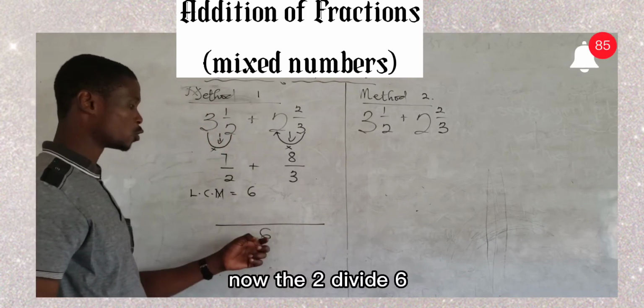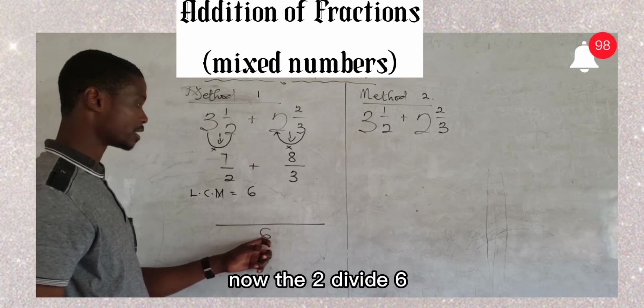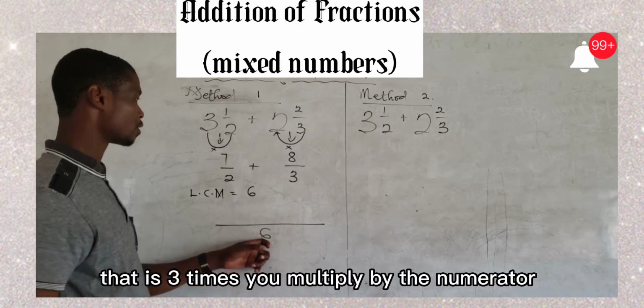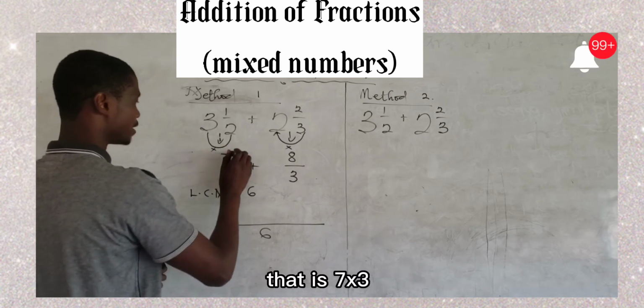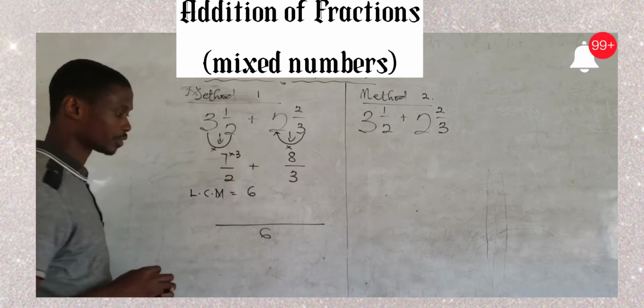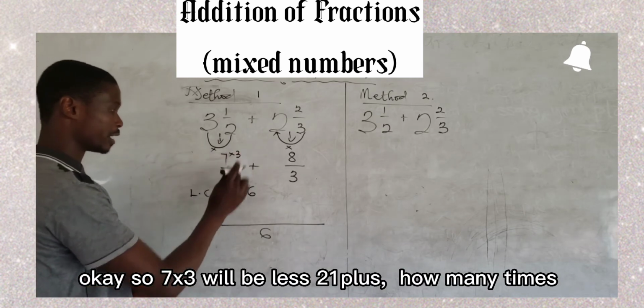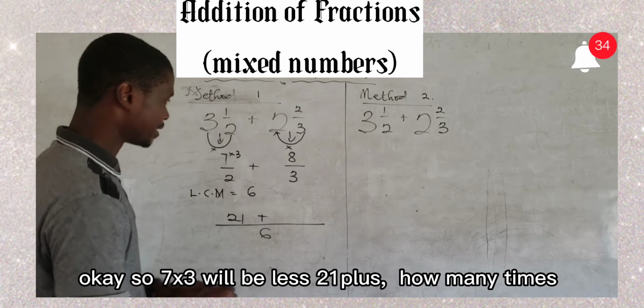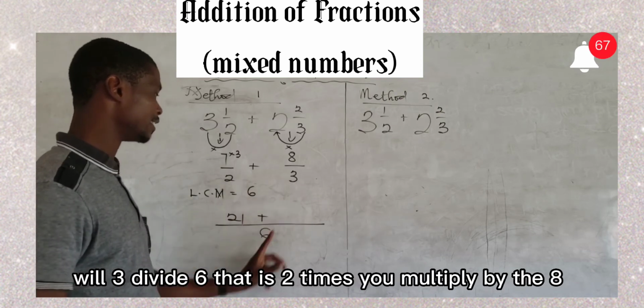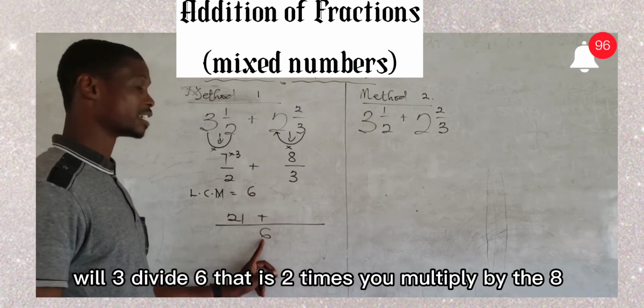Now 2 divides 6, that is 3 times. You multiply it by the numerator. So that is 7 times 3. Okay, so 7 times 3 will give us 21. Plus, then how many times will 3 divide 6? That is 2 times.